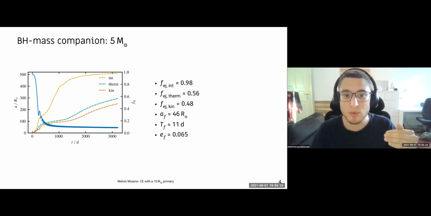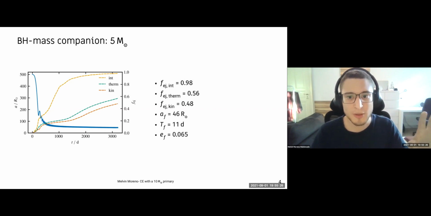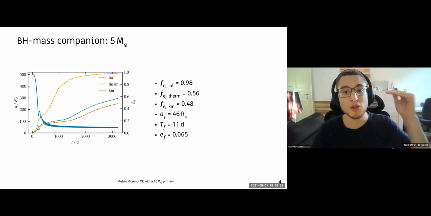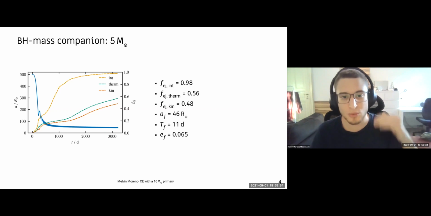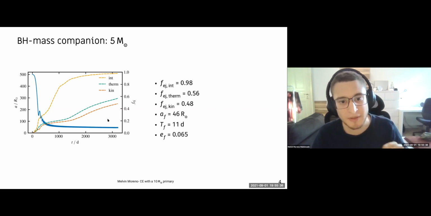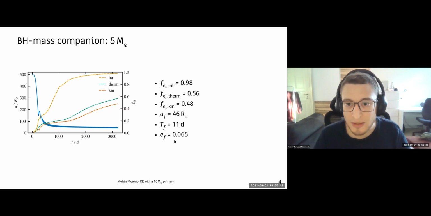And the criteria that we use for the unbound mass are, I think also Ursula already talked about these criteria, and other people also use them: only kinetic energy, kinetic and thermal energy, and also including recombination, or in general internal energy. So of course the expelled material increases over time, and these are the final numbers.